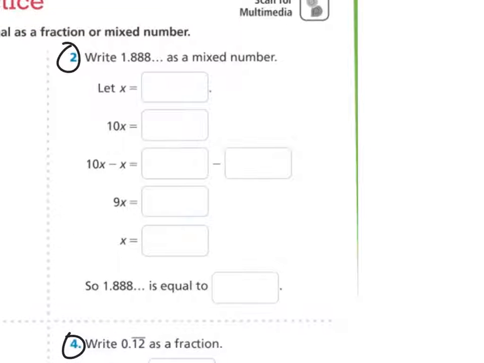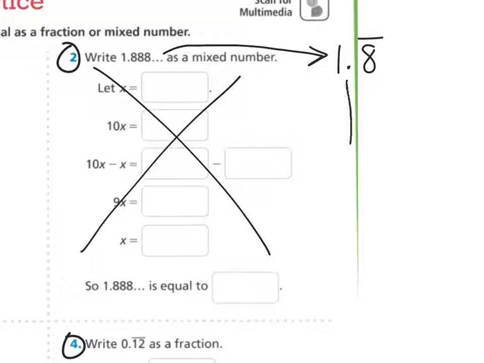Number 2, same thing. They didn't write it this way, but if you'll notice, after the decimal, they've got 888... That means it just keeps going. So they could have written it as 1.8 repeating. And so again, it repeats right after the decimal, so we're going to go straight to using that trick.